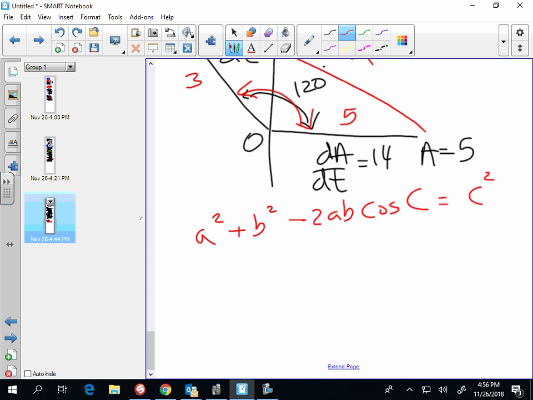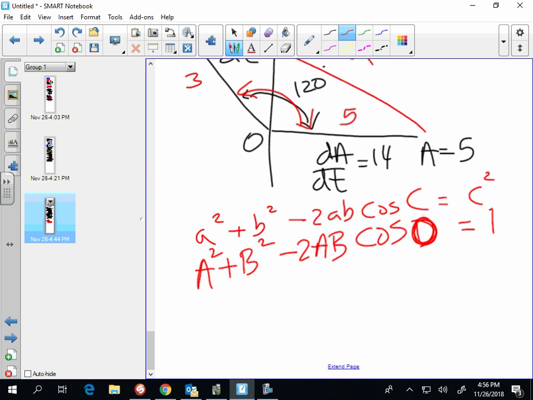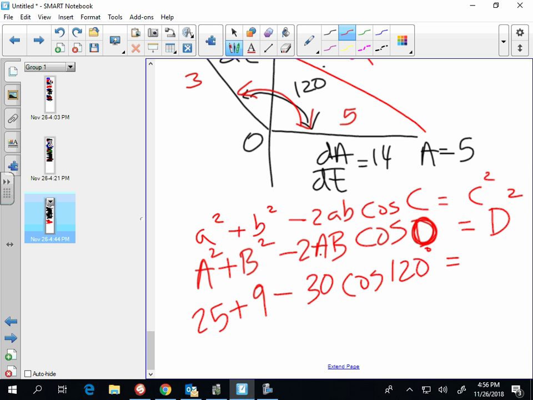But in our problem, we've got a squared plus b squared minus 2ab cosine O equals d squared. Okay, so A was 5, so I have 25 plus B was 3 squared, 9, minus 2 times 5 times 3, or 10 times 3, 30, cosine 120 equals d squared.